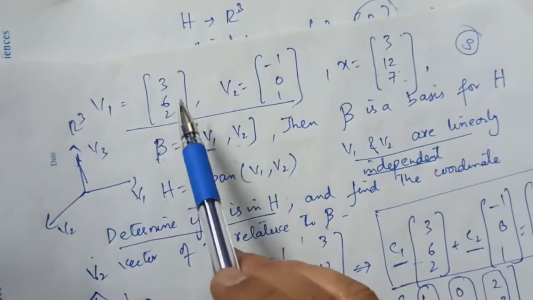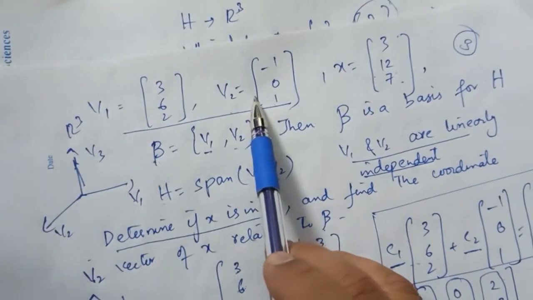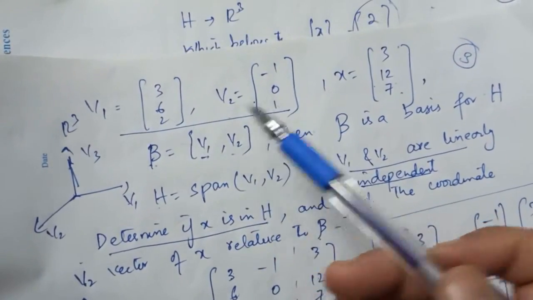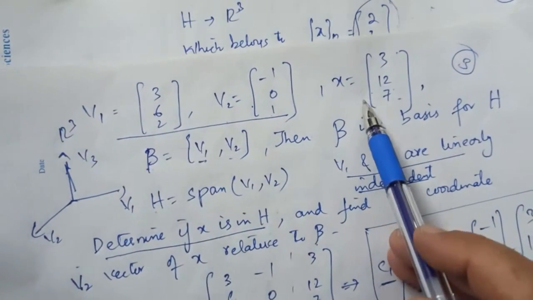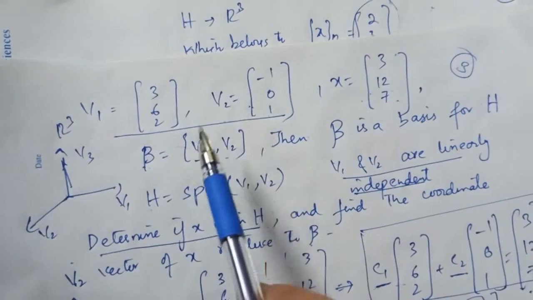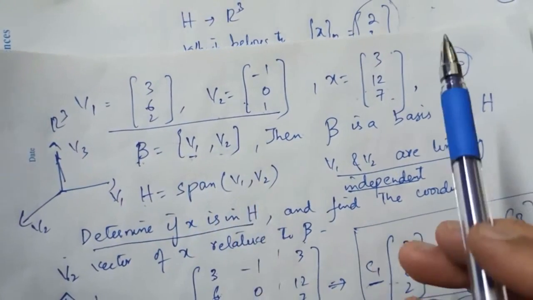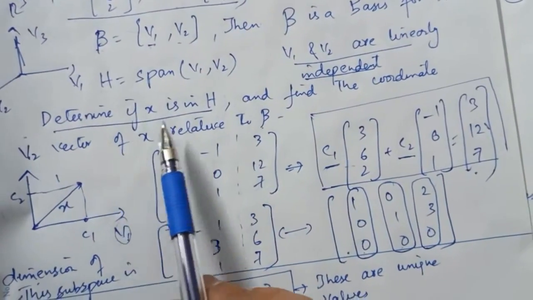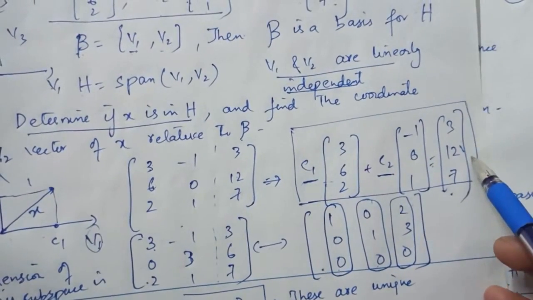Okay, so we did an example to illustrate how these are related. Let's say we define v1 and v2, and we can see v1 and v2 are independent, so they can define a subspace, right? And we were asked to determine if this column vector x is spanned by v1 and v2. If B is the basis v1 and v2, to determine if x is in H, it means there should exist some linear combination c1, c2 that equals x, right?